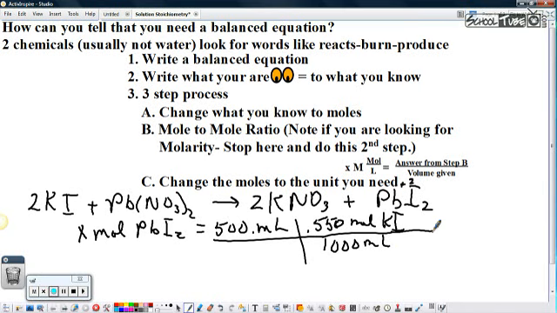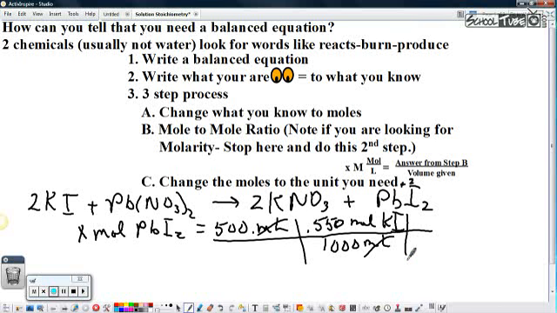When I get through with this calculation, what do I have? Moles. So have I changed it to moles? Yes. So we have a new way to change our known to moles. We use the molarity to do that. And the good thing about it is you don't have to add stuff up. What's my next step in stoichiometry?